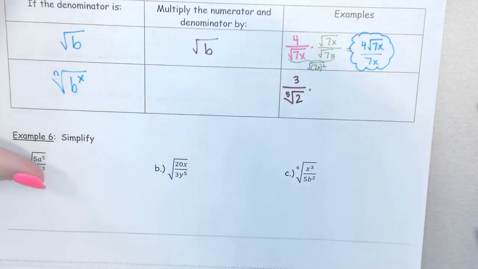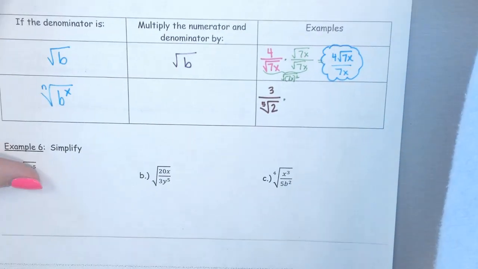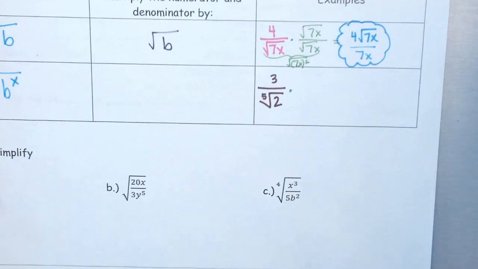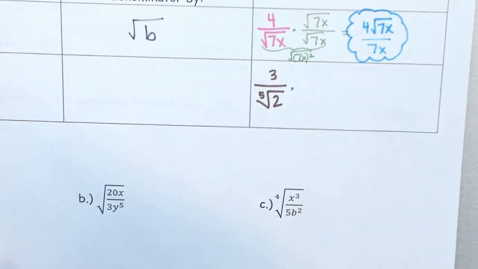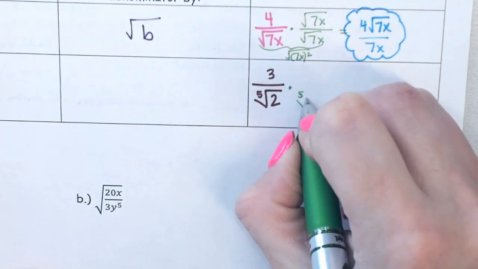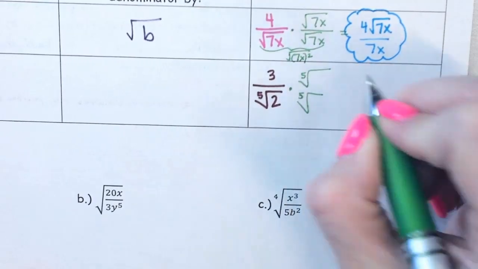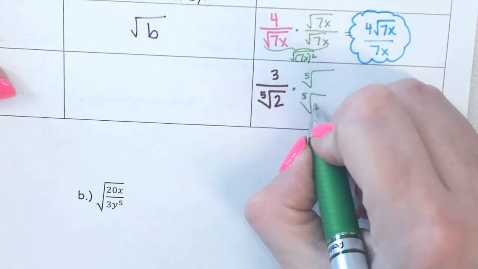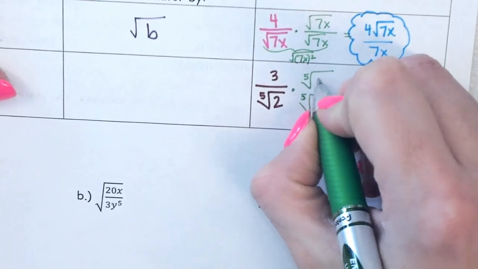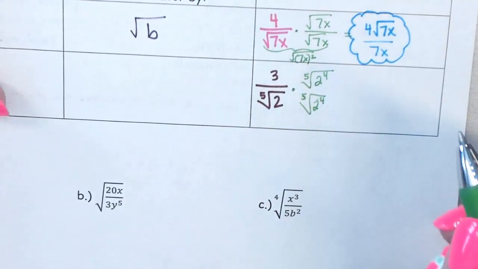Okay, so it's 3 over the 5th root of 2. All right, and then Kanan, what are you thinking? What should we multiply by here? The 5th root of what? 16. Okay, yeah, so we're going to multiply by 2 to the 4th power. And 2 to the 4th power is 16.